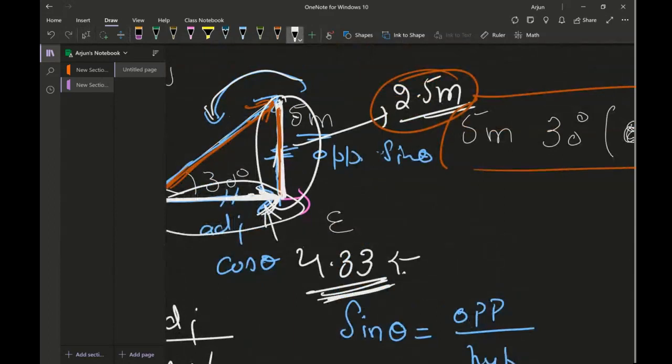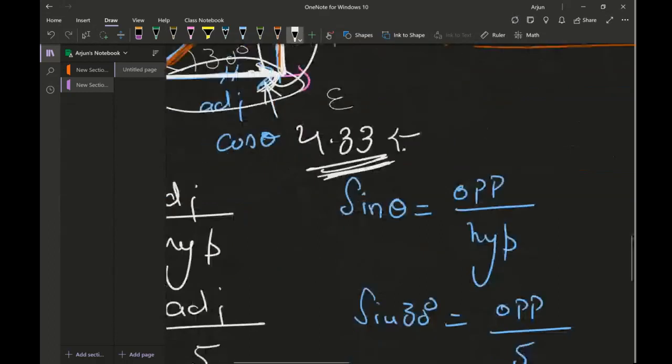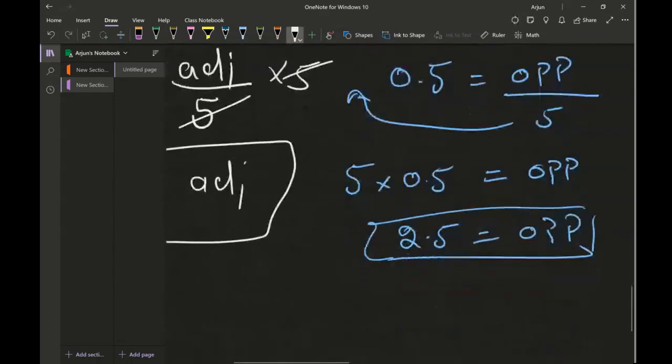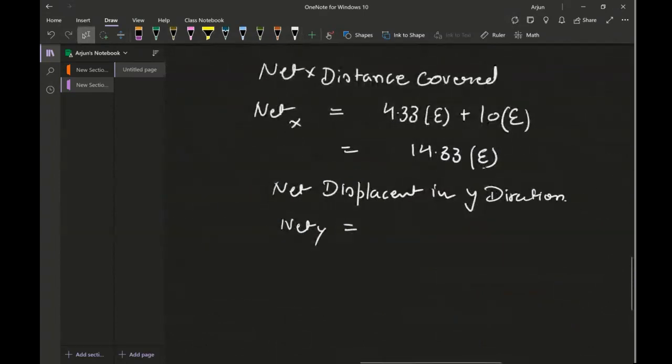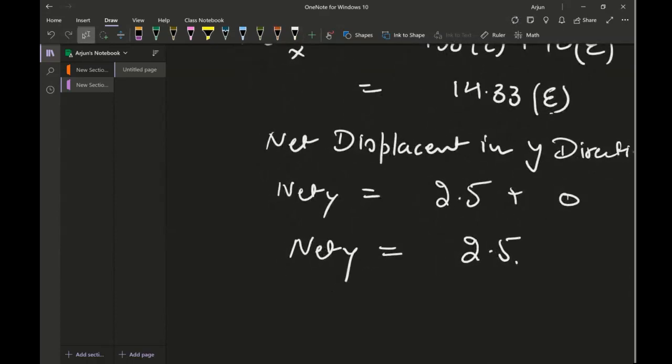This 5 belongs to the hypotenuse, so don't confuse yourself. This came out to be 2.5, which we figured out down here. So 2.5 plus 0 is equal to 2.5 net y. Now we figured out both the numbers. Again, this is north because it is a positive number.